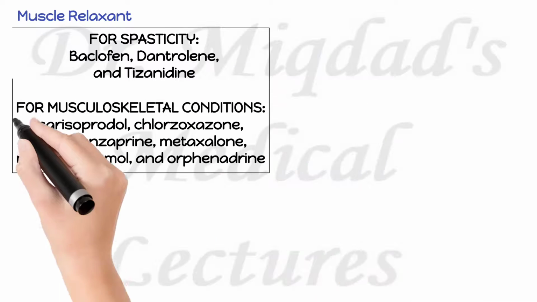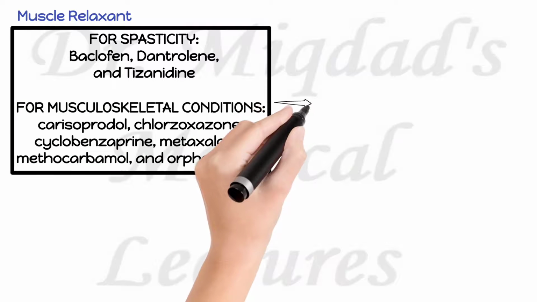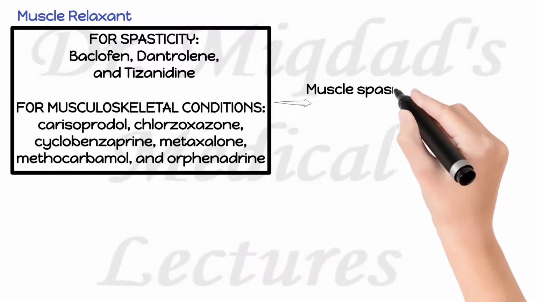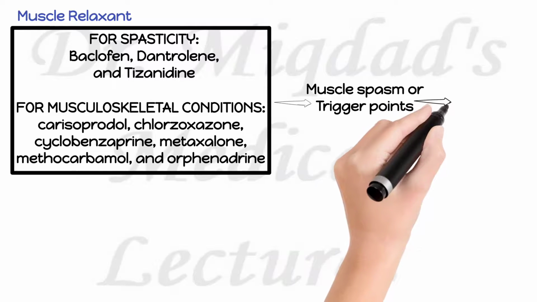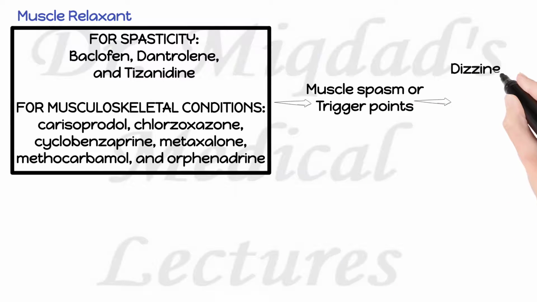They are very effective for pain which is secondary to muscle spasm or due to trigger points, especially in case of fibromyalgia syndrome and myofascial pain syndrome. Their most common possible adverse effects are dizziness, drowsiness, fatigue, weakness, etc.